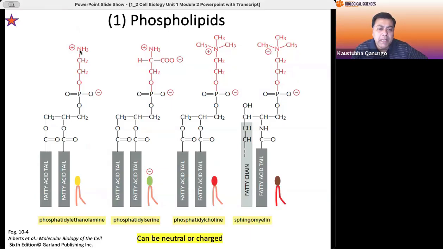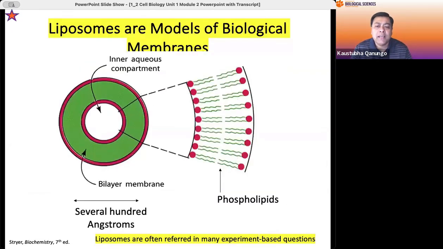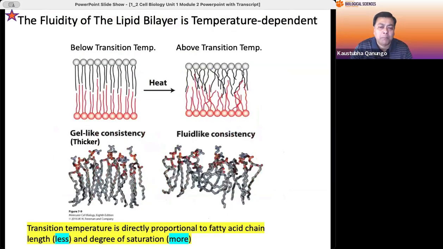If they are made up of all phosphatidylethanolamine, all phosphatidylserine, or all phosphatidylcholine, then you can measure the transition temperature much more easily. So for all experimental purposes, scientists build a liposome with only one kind of lipid and study these transition temperatures to have an idea. But in nature, it is much more complex than that.